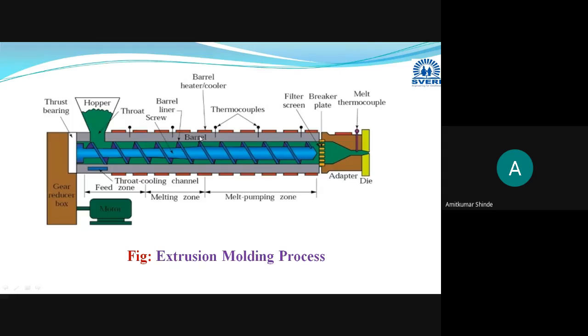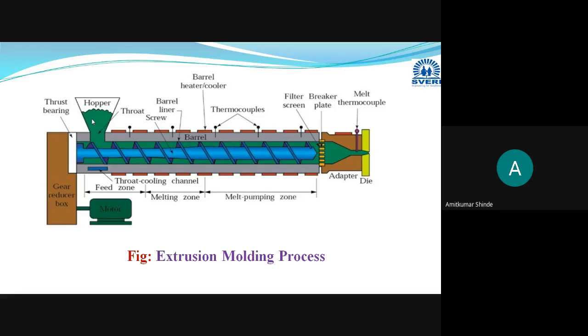Okay, this is the barrel, and to this barrel, with the help of some thermocouple arrangement, we are providing the heat. Now, due to the motion of this screw with the help of the motor, and simultaneously this heat provided by the thermocouples, whichever raw material we have given here will start melting.